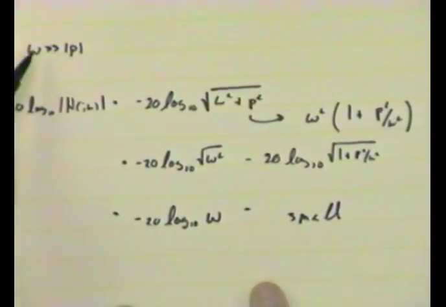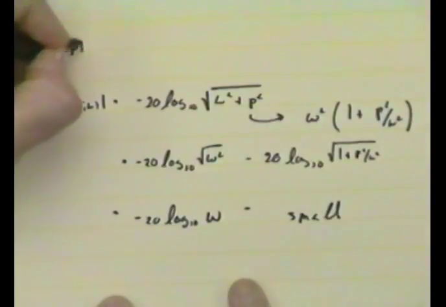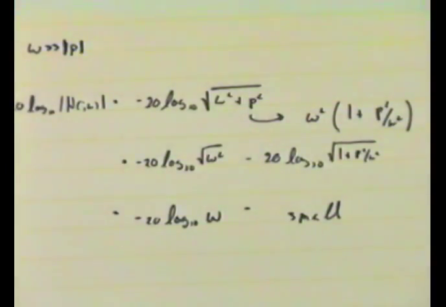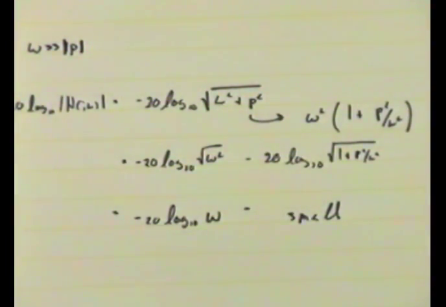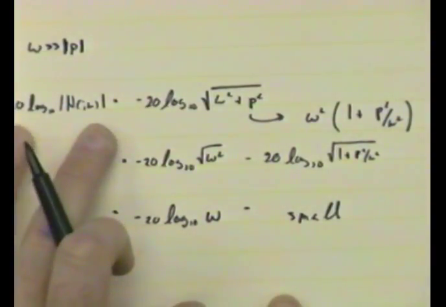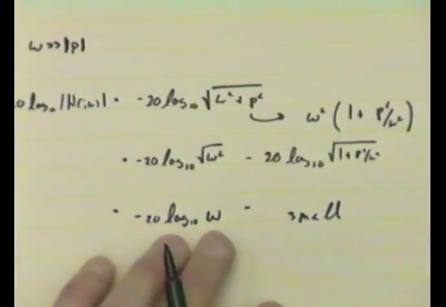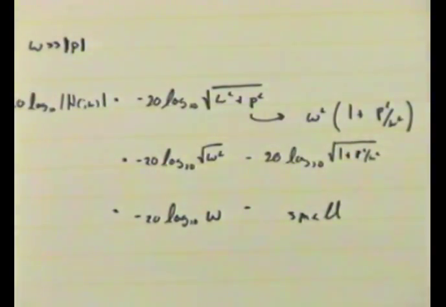It says that for frequencies much greater than the distance from the pole to the origin, we again have a very simple linear dependence between the variables we're using for the Bode plots, the magnitude in dB and the frequency on a logarithmic scale. And again we have a slope of minus 20 dB per decade.